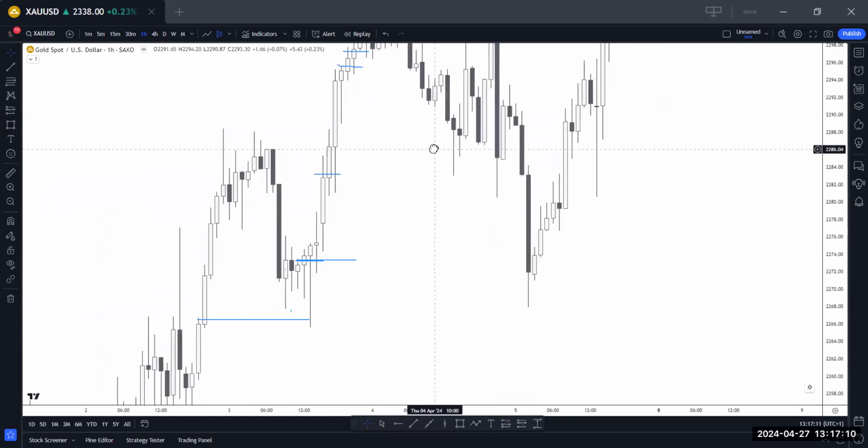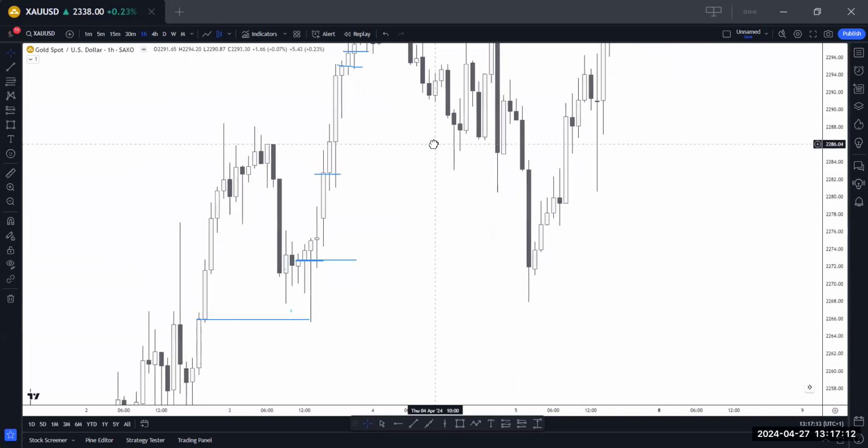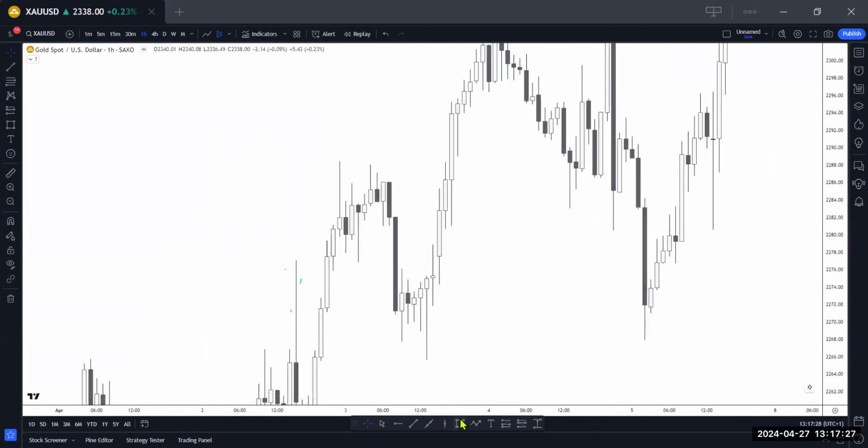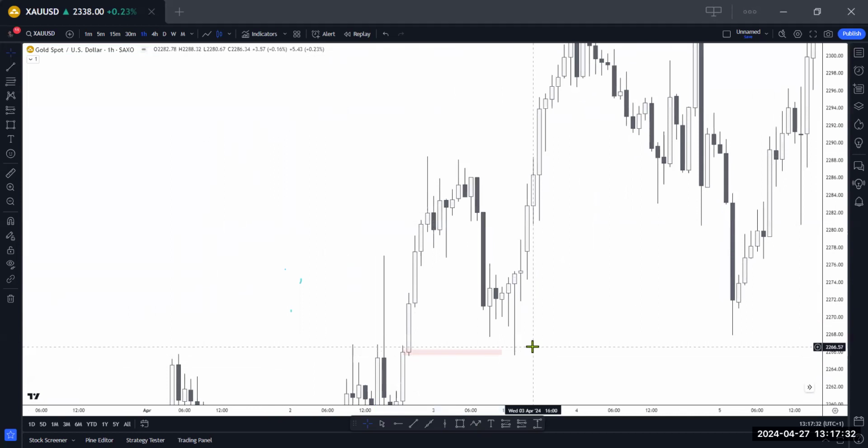Let me take that off, really. All right. So, gap level. This is a gap level. Continuation.